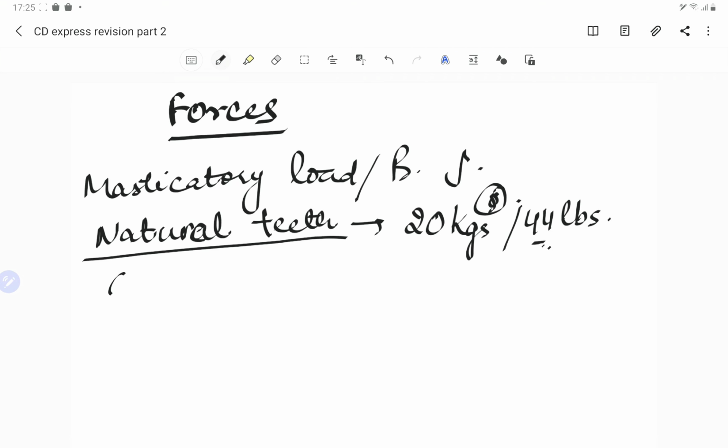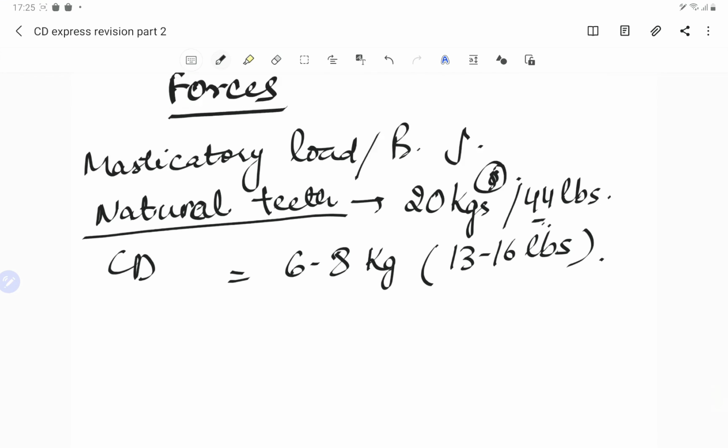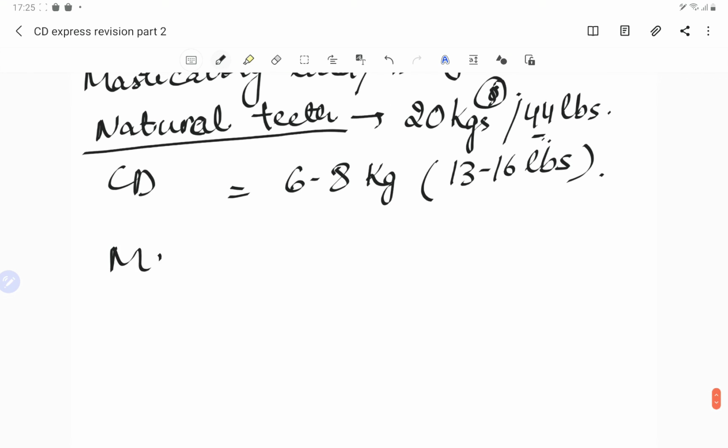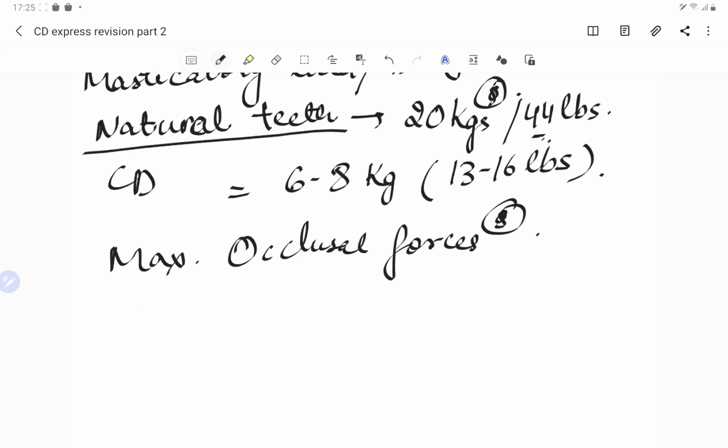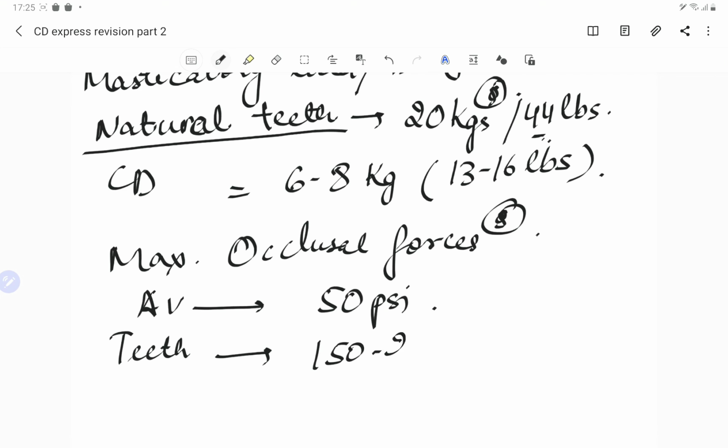Then for the CD, the masticatory load is only 6 to 8 kgs, that is 13 to 16 lbs. And the maximum occlusal force a patient can take up is, for an average denture patient, only 50 psi, and for a dentate patient with teeth, 150 to 250 psi.